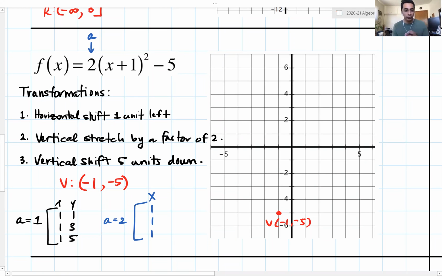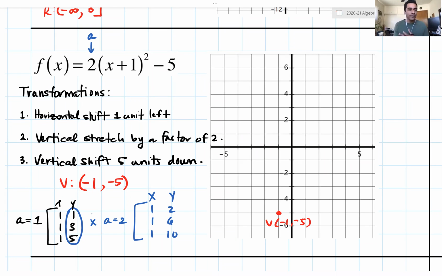That never changes. What does change is the Y part. This time it's going to be 2, 6, and 10. And how did I get those numbers? Well, I took these values and multiplied them by 2.